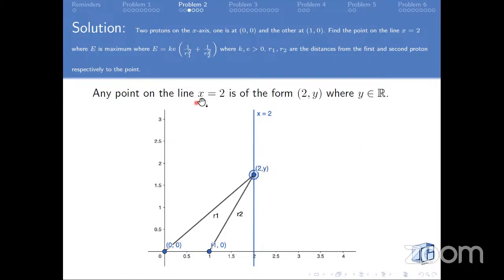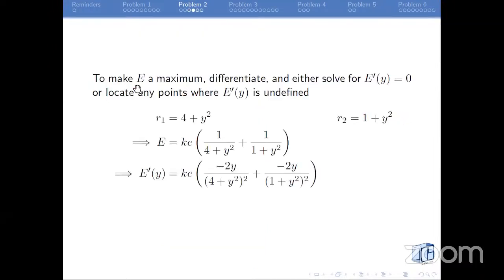So any point on the line x equals 2 is of the form (2, y) where y is in the set of real numbers. To make capital E a maximum, differentiate and either solve for E prime of y equal to 0 or locate any points where E prime of y is undefined.